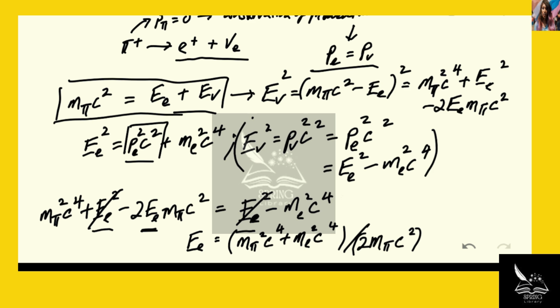From here, we know the total energy of our positron. We can split it up into the kinetic energy of the positron plus the rest energy of our positron.